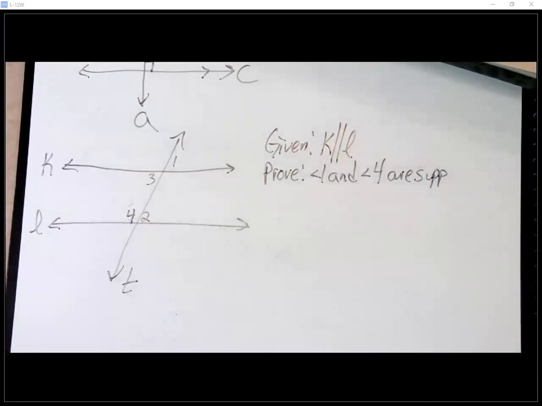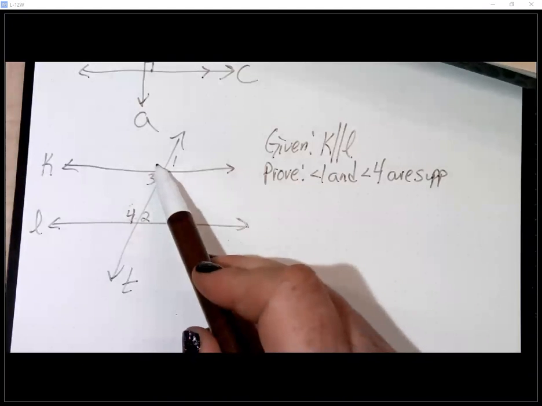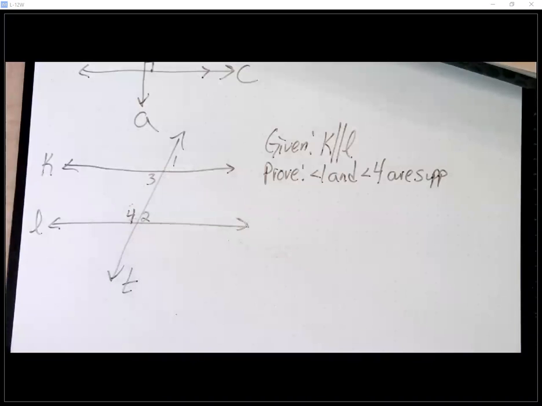A few things when we're doing these parallel line proofs. Let's say I wanted to talk about this angle, but it doesn't have a number on it. You can add a number there if you want to. Just because it's not given a number in the diagram doesn't mean anything. You can still use it. It kind of means there's probably a way to do this without that angle, but it's not wrong to use an angle that's not numbered.